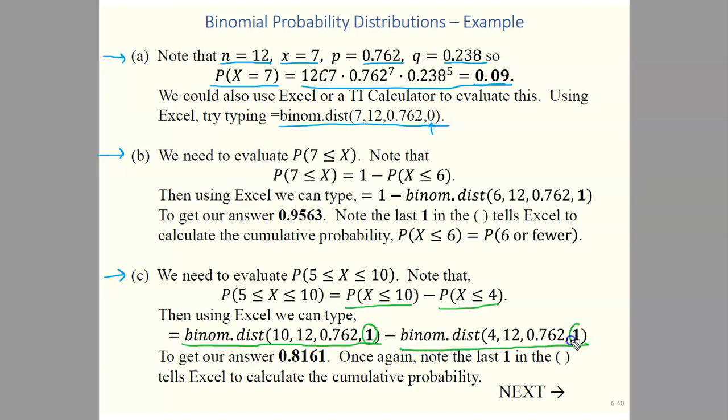And notice we also have a 1 here. And if you were to type this into Excel, you'll find that you get 0.8161, and that is your answer. And so that's how we can evaluate probabilities using the cumulative binomial distribution feature in Excel. And that concludes our discussion about examples using the binomial probability distribution.